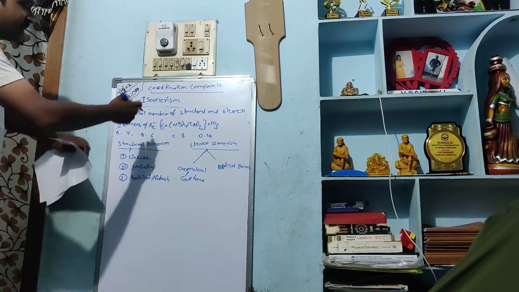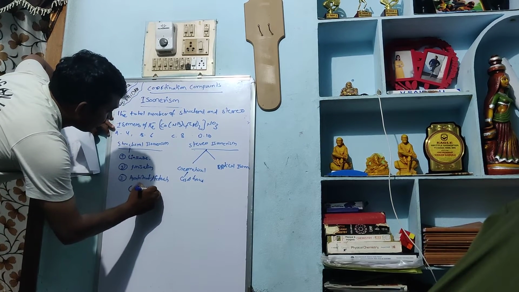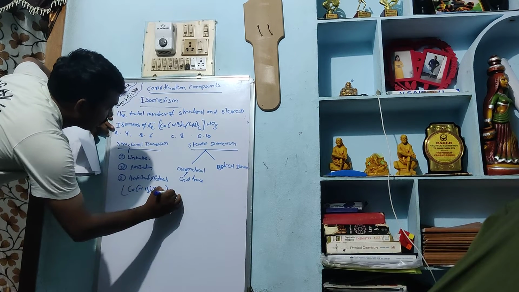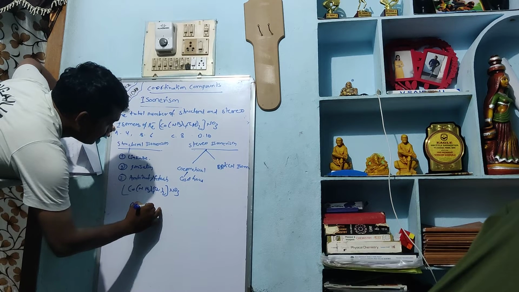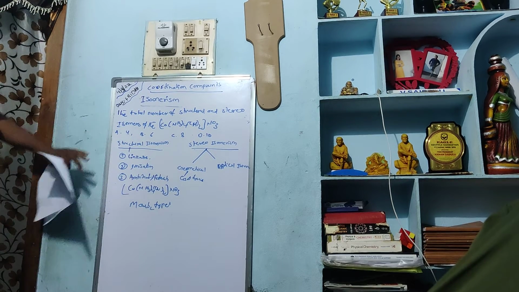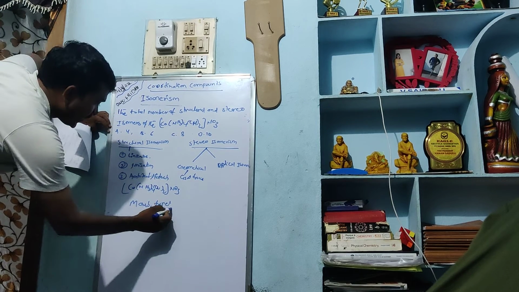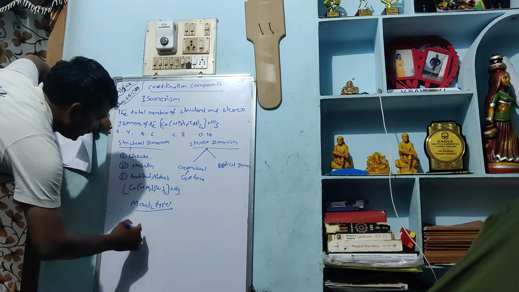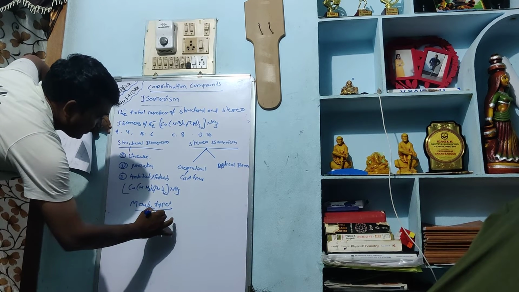This complex, cobalt tetraammonium dicyanide NO3, is Ma4B2 type. In this Ma4B2 type, the central metal atom exists in both cis form and trans form.